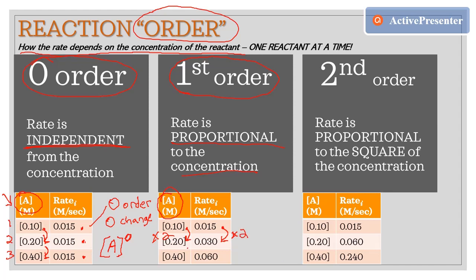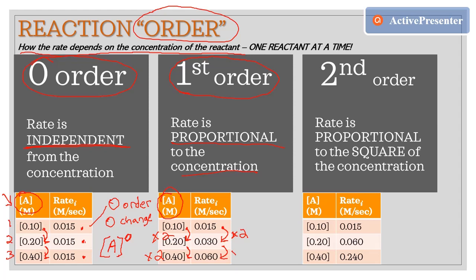Now let's look from experiment 2 to experiment 3. We doubled the concentration again from 0.20 to 0.40. So that's times 2. We doubled it. And look over here at the rate from experiment 2 to experiment 3. The rate goes from 0.030 to 0.060.